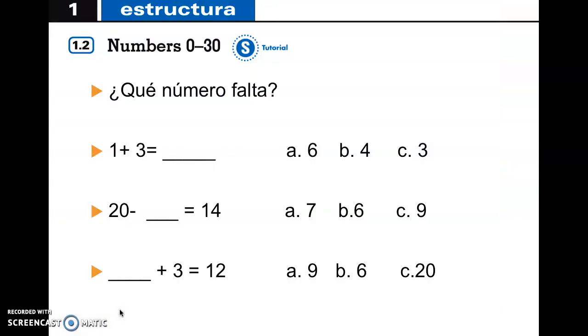Un poco de matemáticas, a little math. Now feel free to pause this recording, look at the question, and choose the answer.